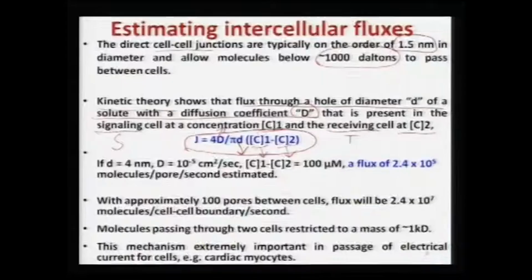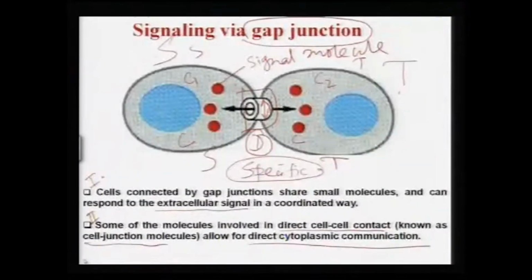Now consider that d is 4 nanometer, capital D is 10 to the power minus 5 centimeter square per second, a typical diffusion coefficient, and C1 minus C2 is 100 micromolar. What would be the typical flux? It would be 2.4 times 10 to the power 5 molecules per pore per second. Let me go back to this slide and explain.